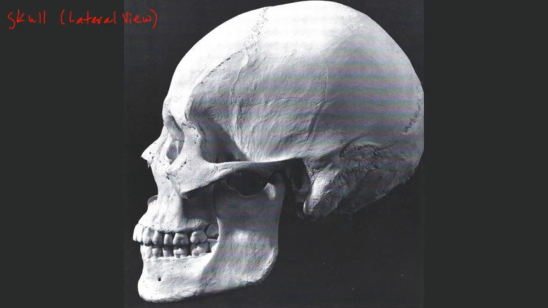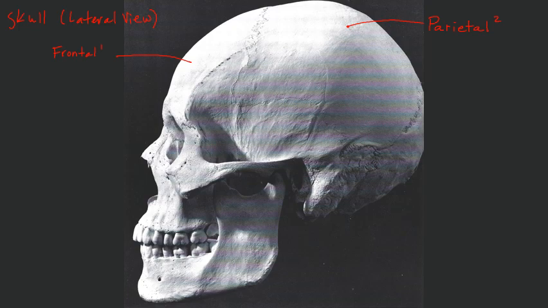Okay, so let's start off with this bone right here. That's our parietal bone. We have two of those. Right here we have our frontal bone. We have one frontal bone. We can see that. Our temporal bone.